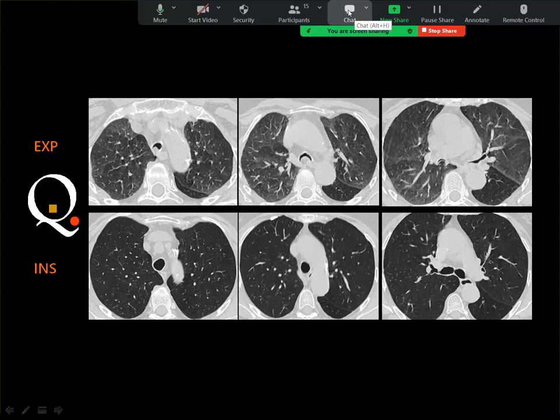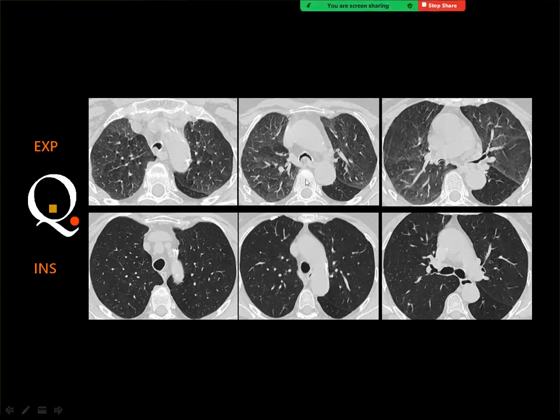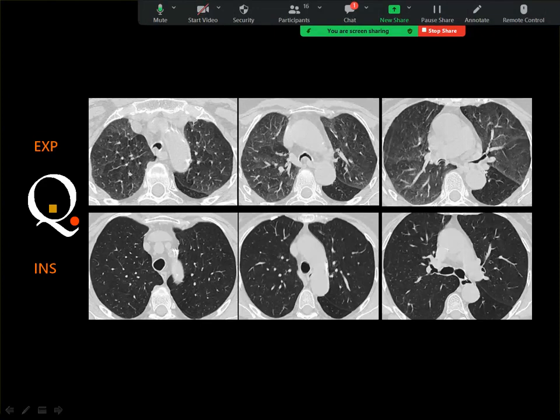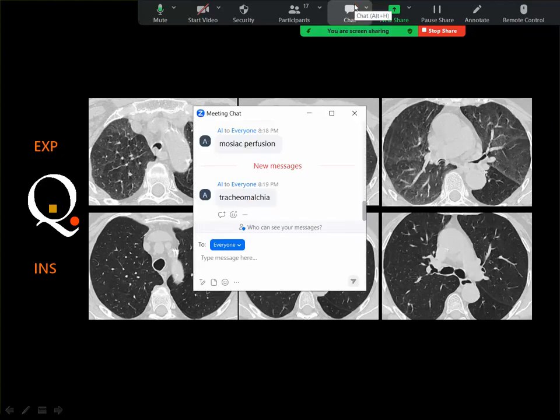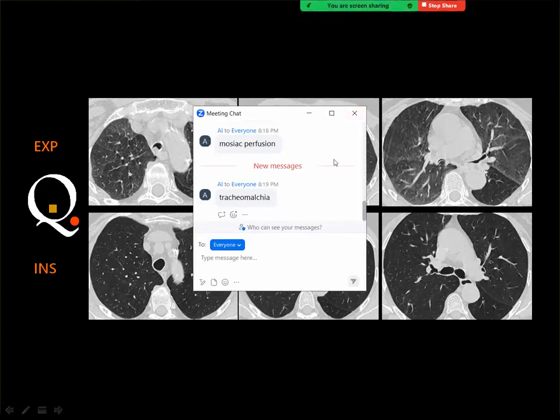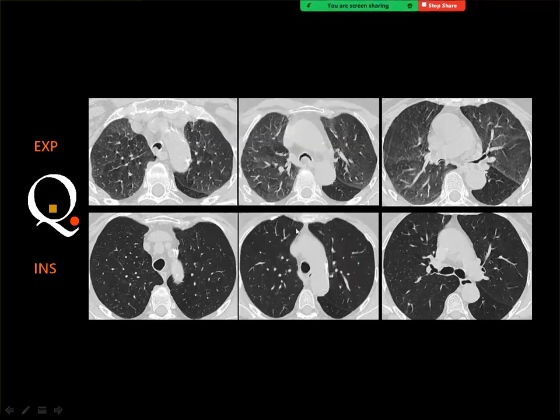But if you look carefully at the trachea, you see that during expiration the trachea is collapsed and also the main bronchi. While after inspiration, the trachea is rounded and the bronchi are distended, and this is diagnostic of tracheobronchomalacia.